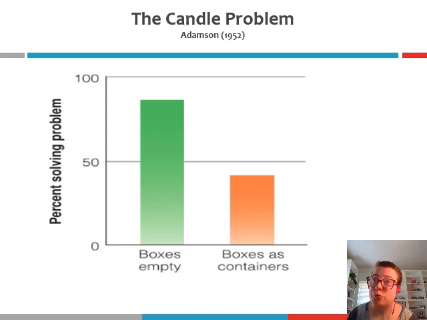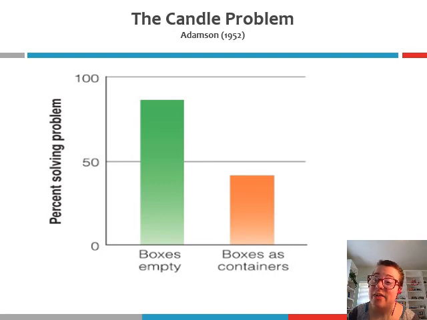So they received a small cardboard box full of candles, a small box full of tacks, and a small box full of matches. In that case, these boxes were clearly being used as containers for items.